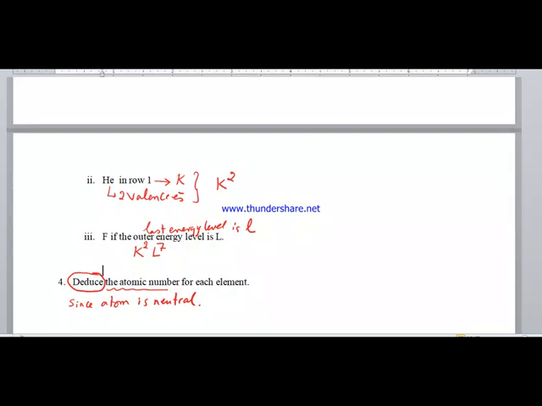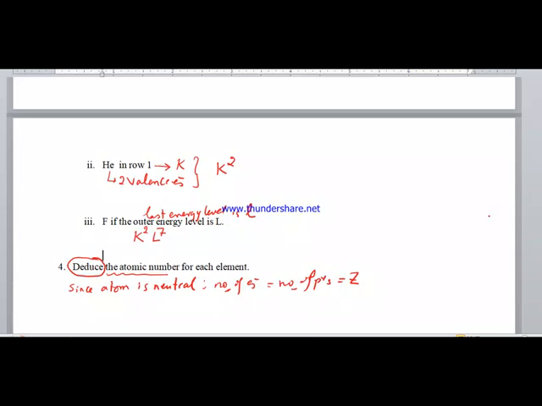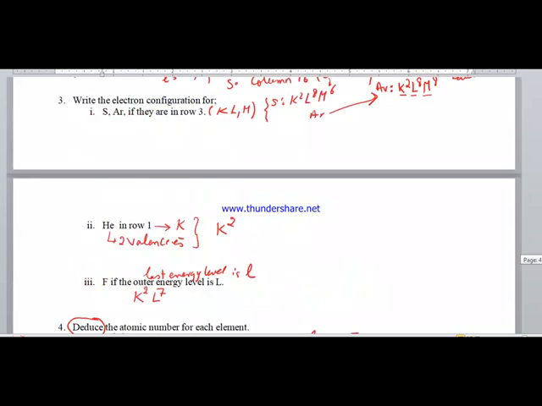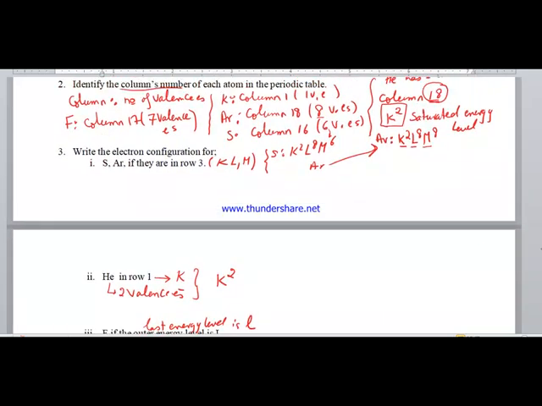Since the atom is neutral, the number of electrons equals the number of protons, which equals the atomic number Z. So to find the atomic number of the first element in this example, which is S, S carries a total number of electrons of 2, 8, 6.